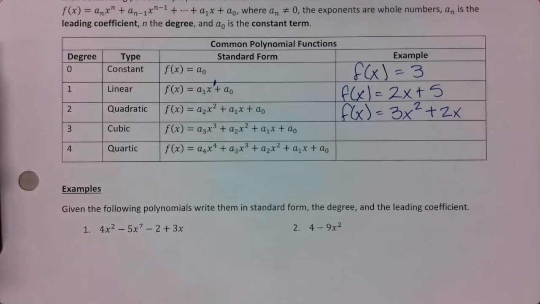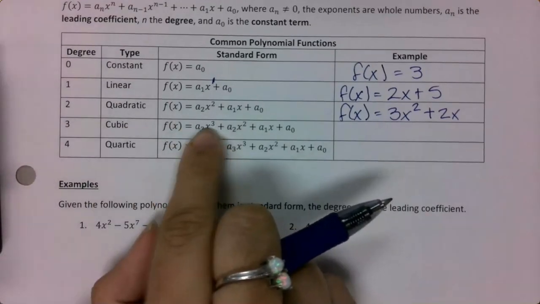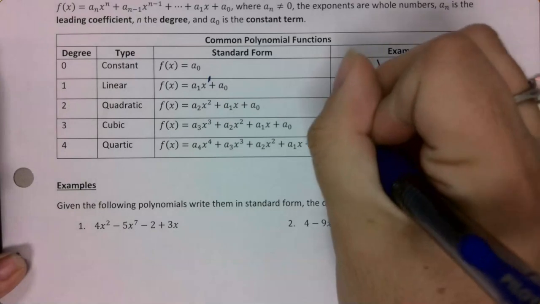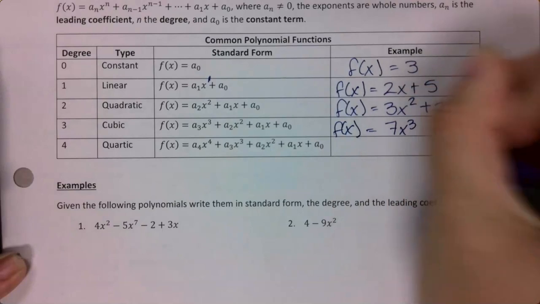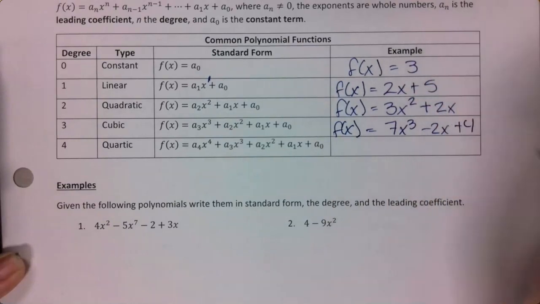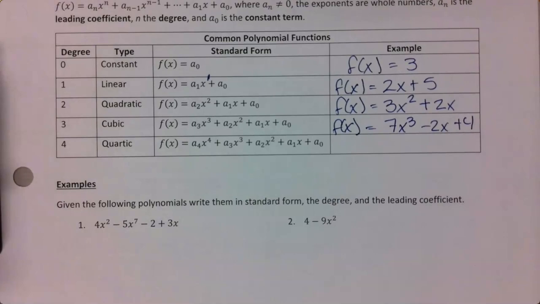Okay. So degree 3, highest exponent is a 3, and that makes it cubic. So an example of this would be f of x equals 7x cubed minus 2x plus 4. So my highest exponent in that polynomial is a 3. And then the final one that has a special name is a degree 4.